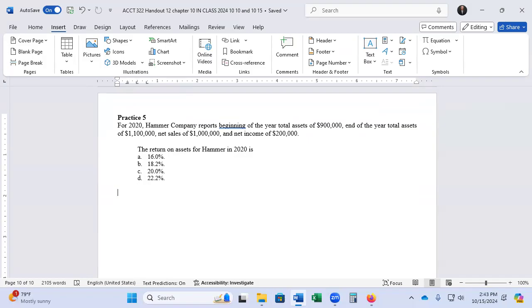Okay, fortunately, these are pretty straightforward here. If you want to use the shortcut, you just take net income and divide it by average total assets. And so 200,000 divided by 1 million equals 0.2, or multiply by 100 to get 20%.